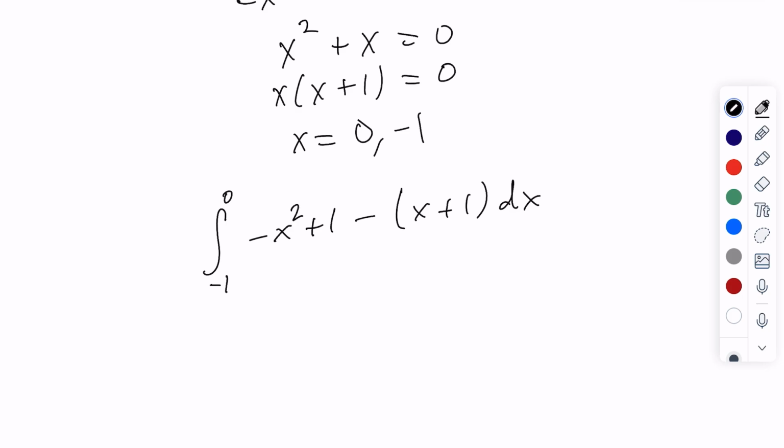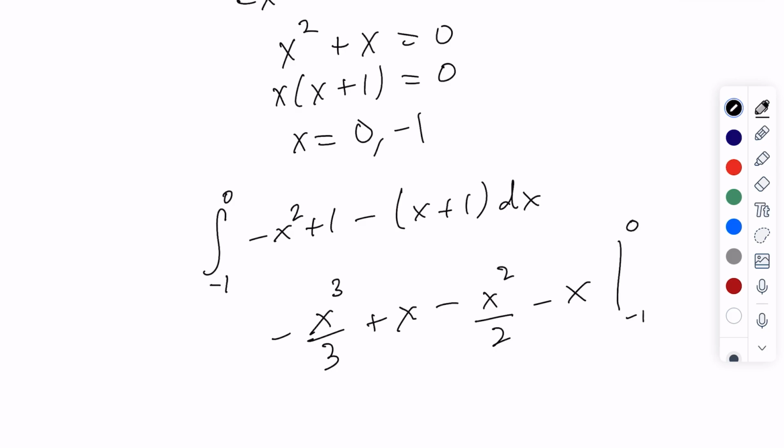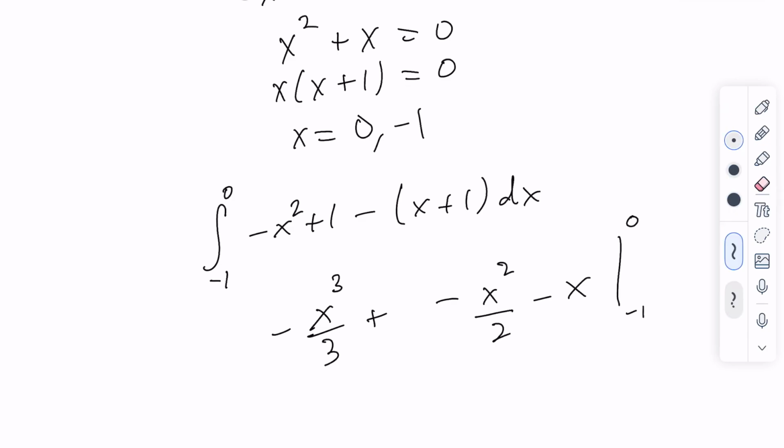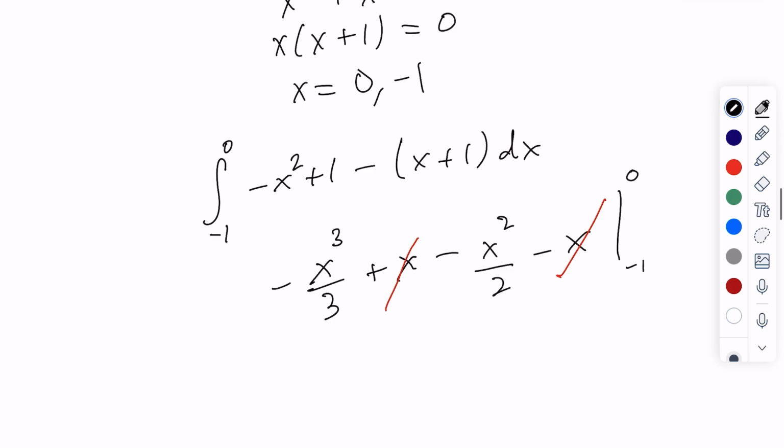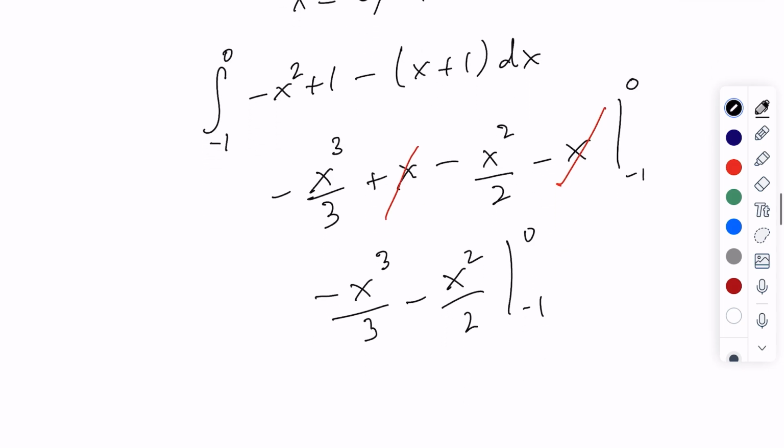Then when we integrate, we'll end up with this, and these x's will cancel, and so our final will be x cubed over 3 minus x squared over 2 from negative 1 to 0, and when we plug in, we get 0 minus.